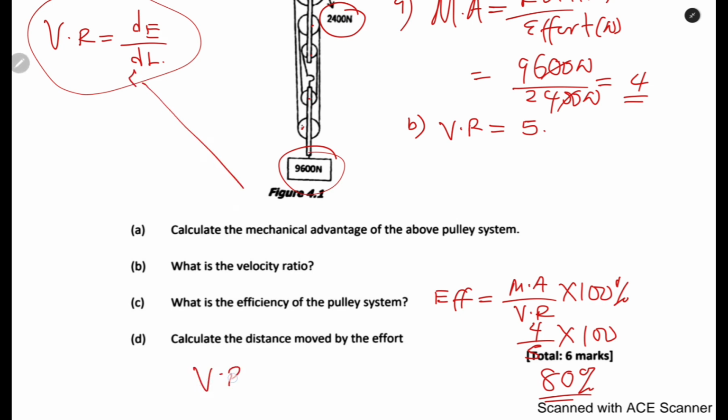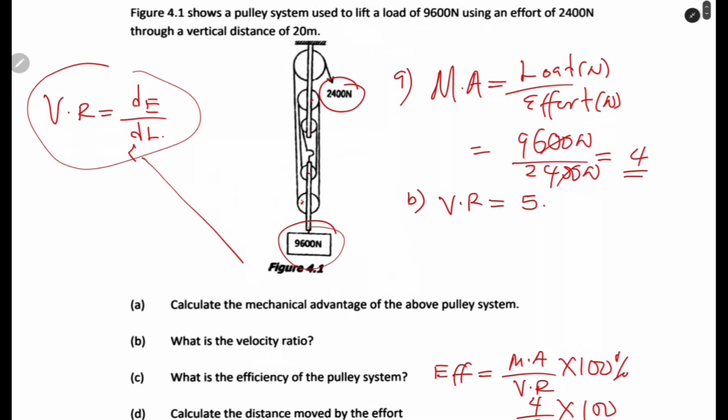We're going to use velocity ratio equals distance moved by effort over distance moved by load. Velocity ratio in this case is 5, equal to the distance moved by effort, which is the one we are looking for, over the distance moved by load. From the information in the first statement, the pulley system is used to lift a load through a vertical distance.